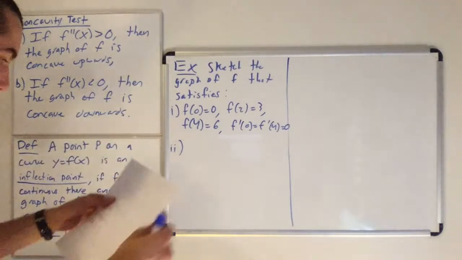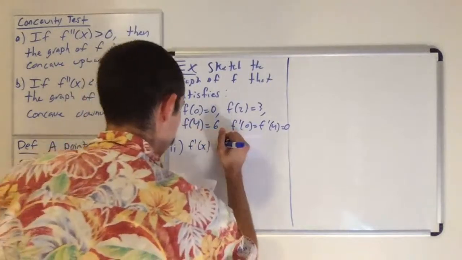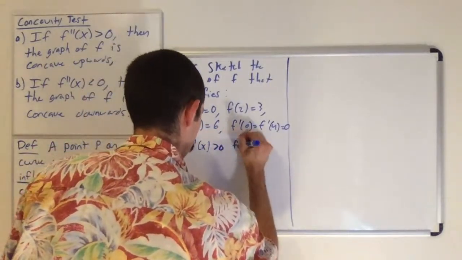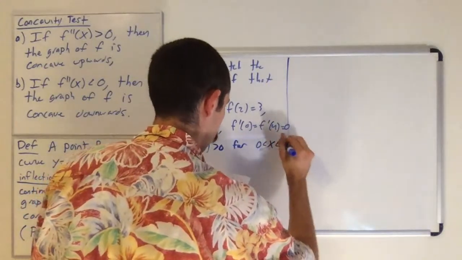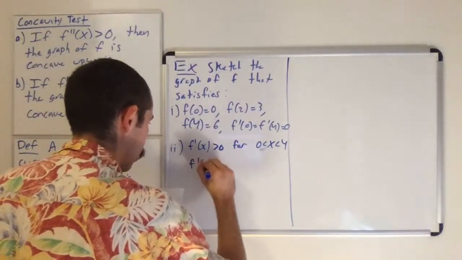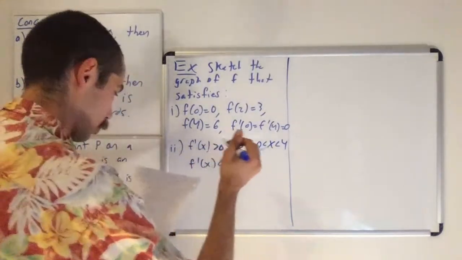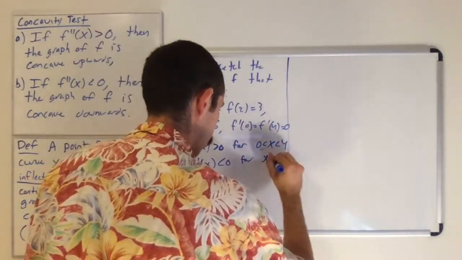The next condition is the derivative is positive on the interval 0 to 4 and negative for the other values.